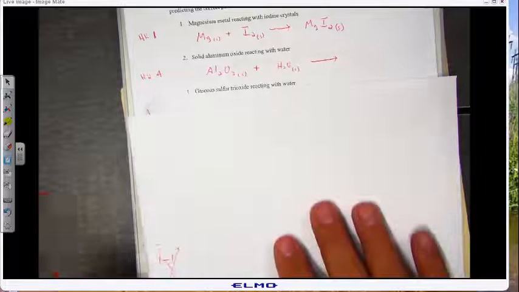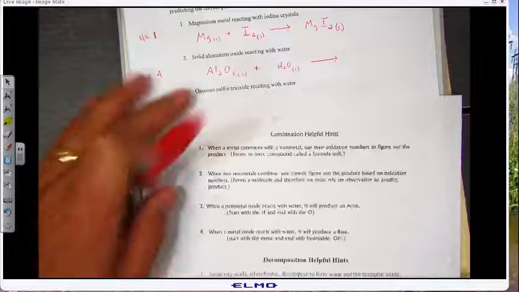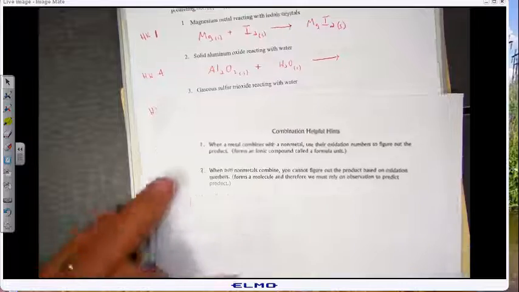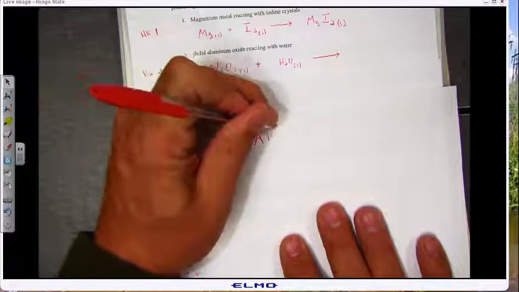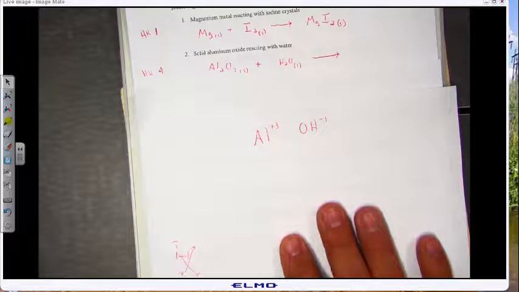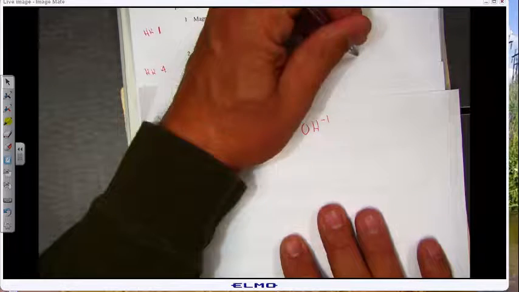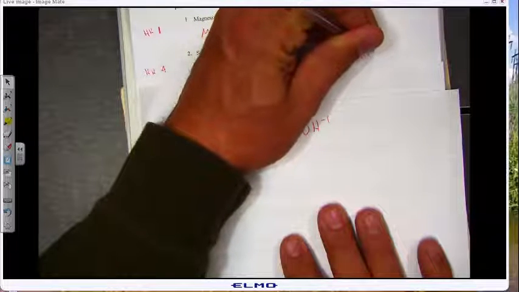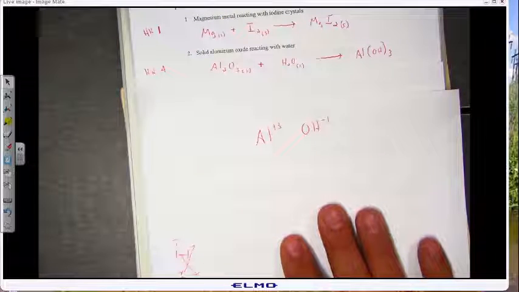So when I'm trying to make the correct formula, it's going to start with the metal, that's aluminum, and that's +3. End with the hydroxide, that's OH, and that's a -1. When we crisscross that, we're going to have to take the hydroxide ion 3 times. Al(OH) taken 3 times.